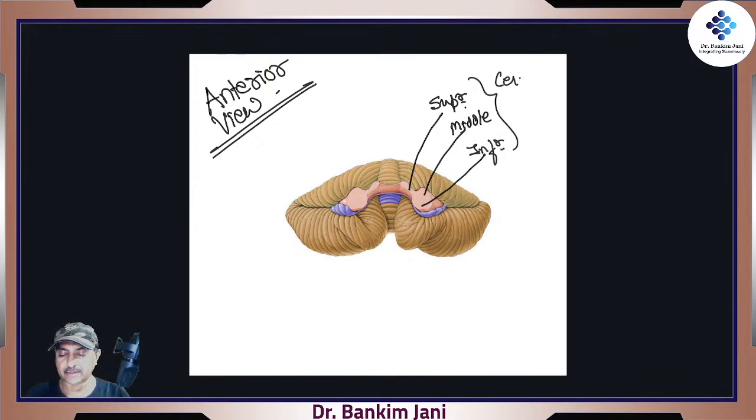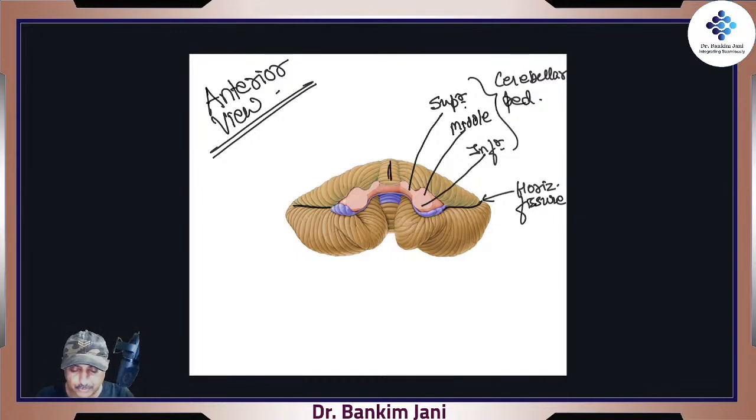So these are cerebellar peduncles, right? Because we have removed the whole brainstem to make things easy. This fissure which is going all the way absolutely horizontal, so horizontal fissure, right? Horizontal fissure, that is easy.